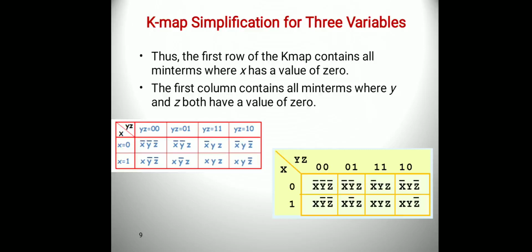The first row of the K-map contains all the minterms where x has a 0 value, and first column contains all the minterms where y and z both have a value of 0. Second column contains y is equal to 0 and z is equal to 1 and x is equal to 0. In second row, x is equal to 1. This is the change only.